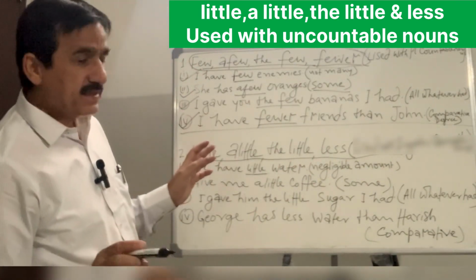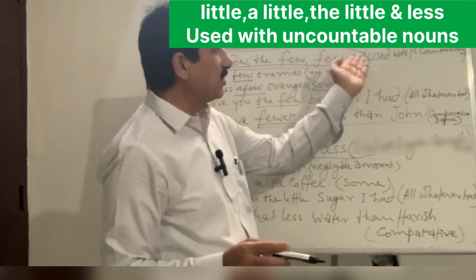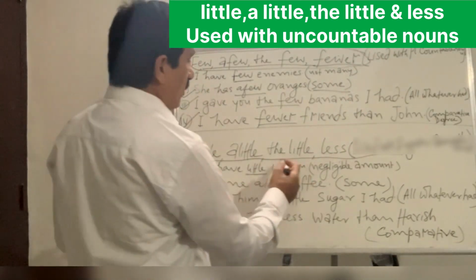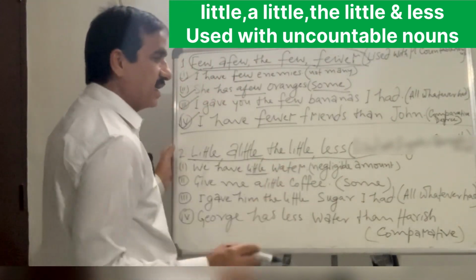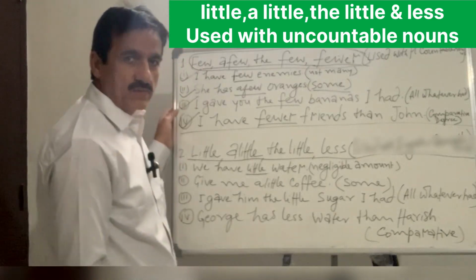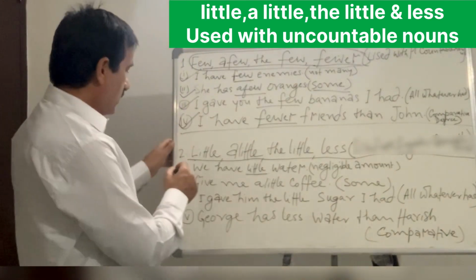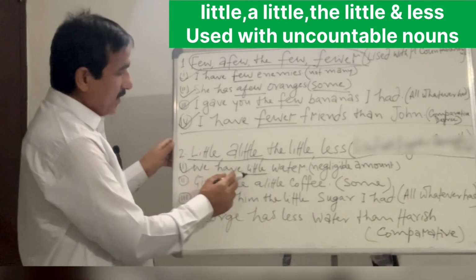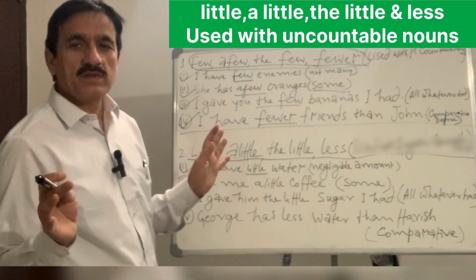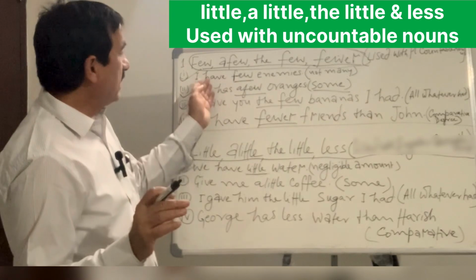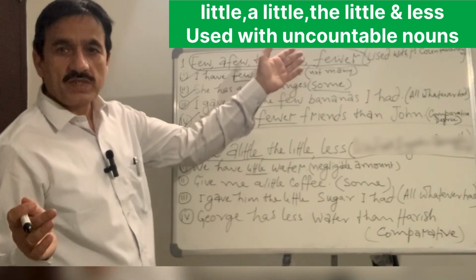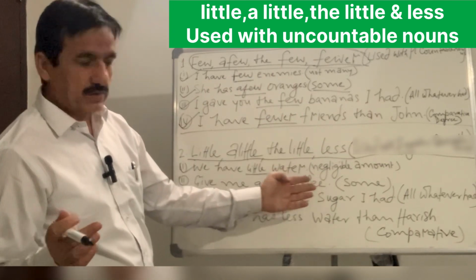But the difference is that all of these are used with plural countable nouns, and this little, a little, the little, less are used with singular uncountable nouns. Look at examples. We have little water means negligible amount, ना के बराबर, just like few enemies, but that is countable and this is uncountable, singular.